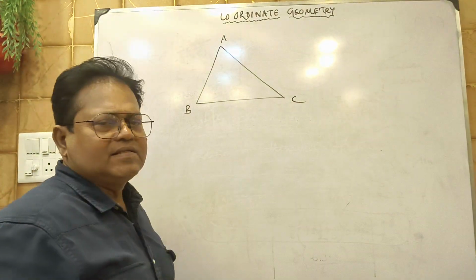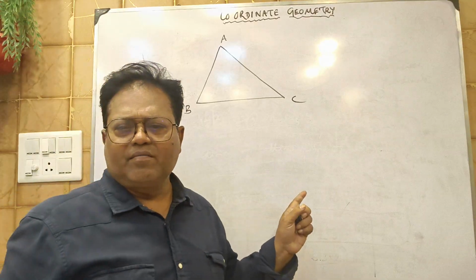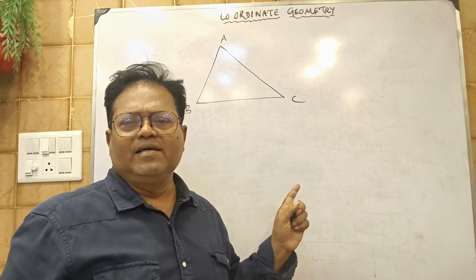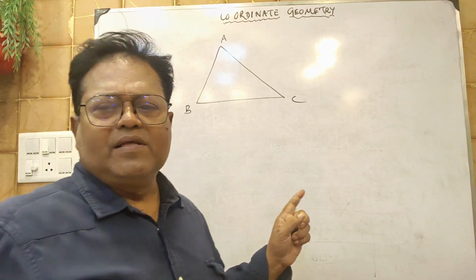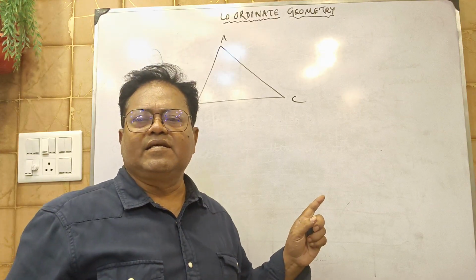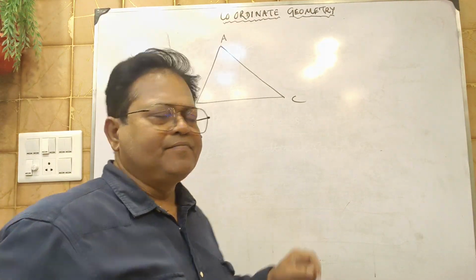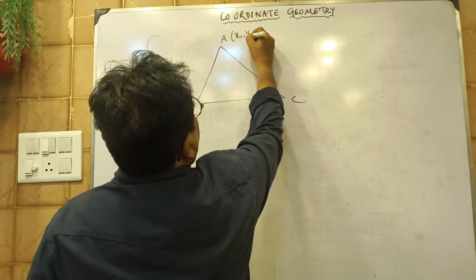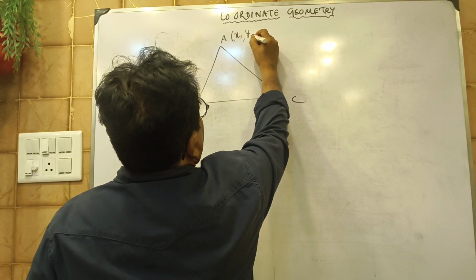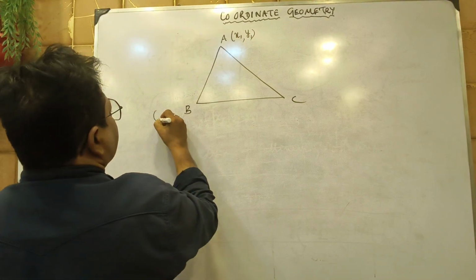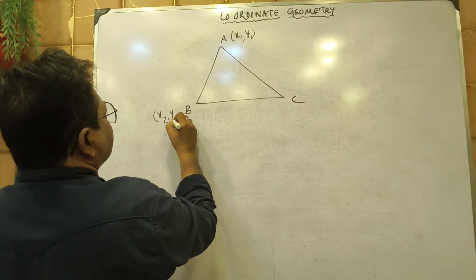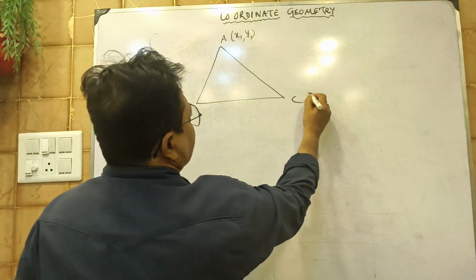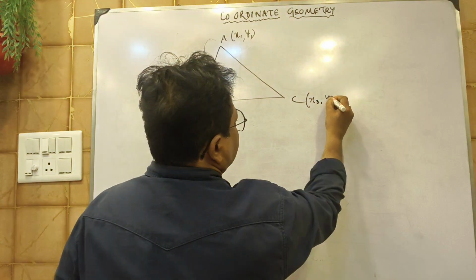A median is the line from the vertex to the midpoint of the opposite side. When the three medians intersect at a point, that point is called the centroid. Suppose the vertices are x1 y1, x2 y2, x3 y3.